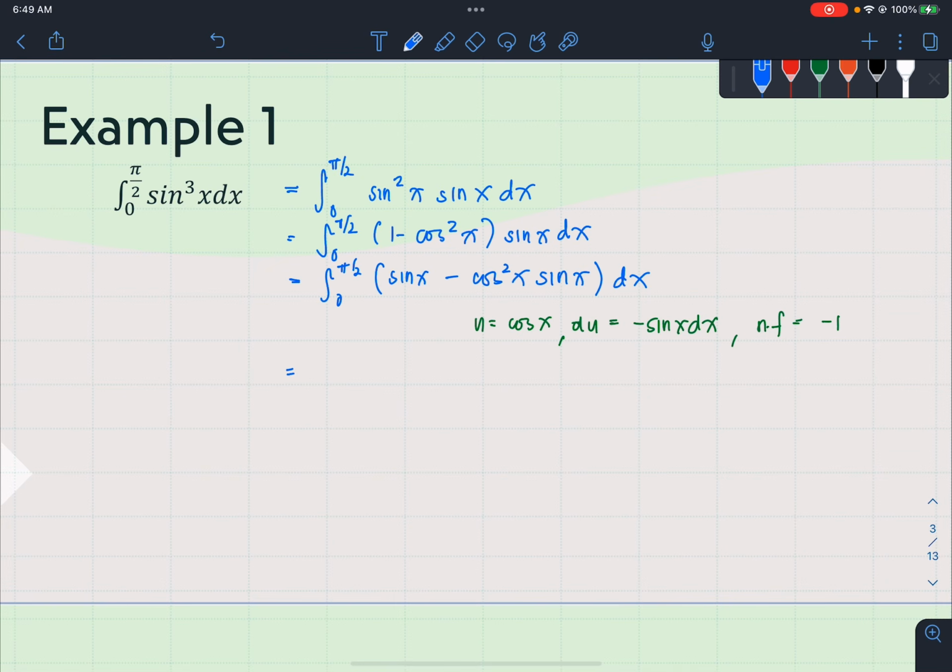So that's from 0 to pi all over 2. So the integral of sine x is negative cosine of x. Then minus, we have a neutralizing factor of negative 1, so that makes it positive. And then the power rule, cosine squared, so 2 plus 1 will be 3 over 3. That is just simply 1/3 of cosine cube x.